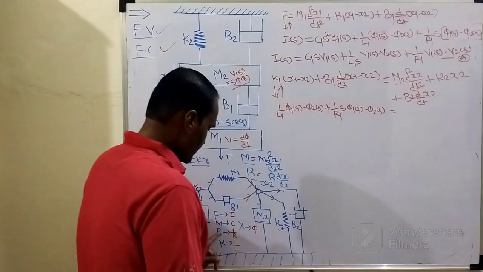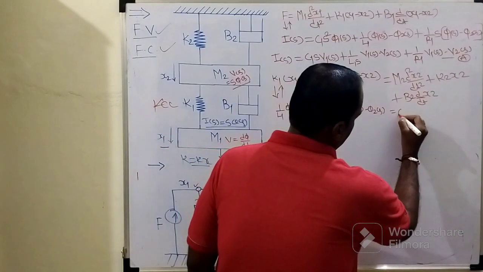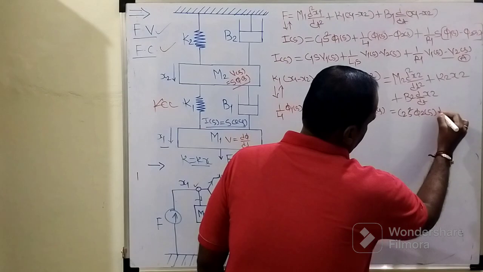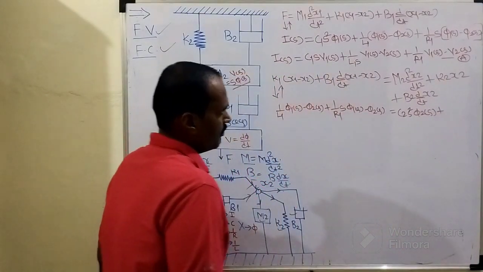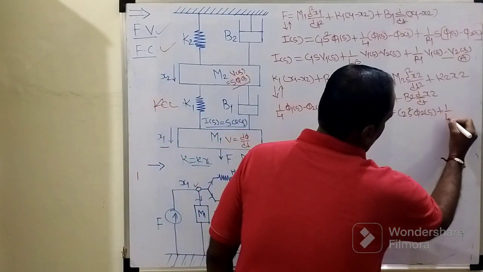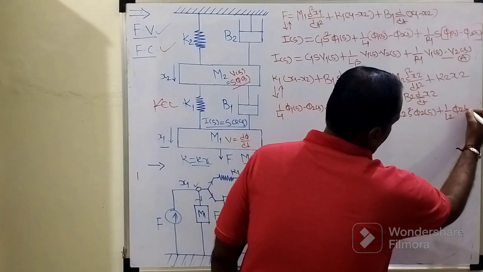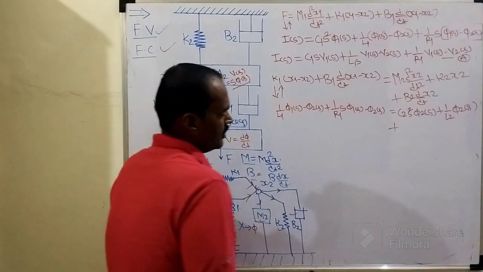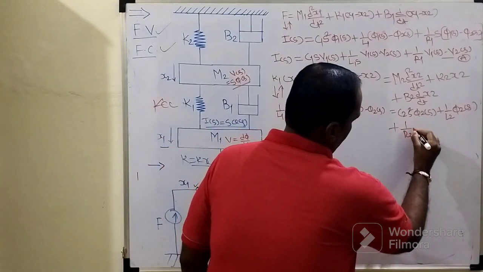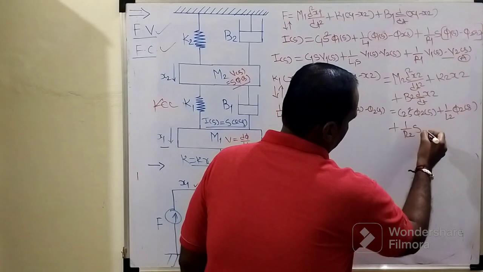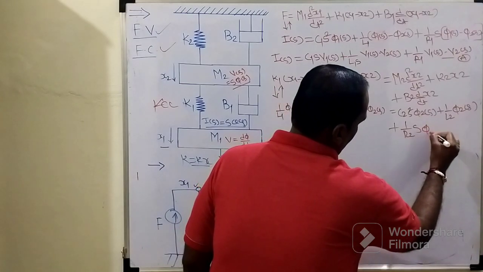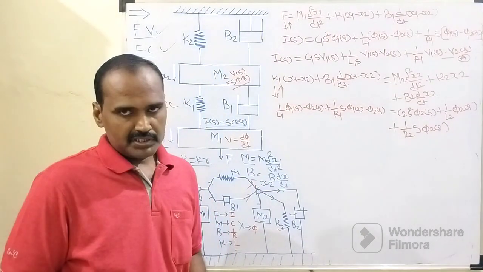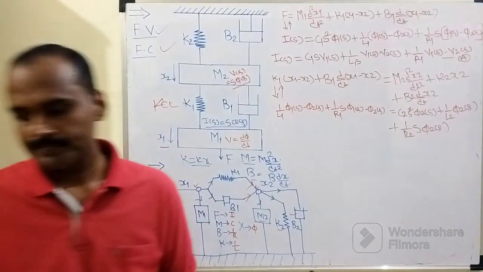This M is analogous to C, so C2 S square into phi 2 of S plus K is analogous to 1 over L, X is analogous to phi, so 1 over L into phi 2 of S plus B is analogous to 1 by R, so it will become 1 by R2, first order differentiation, 1 by R2 times S into phi 2 of S, right? So this is how this equation is to be written.